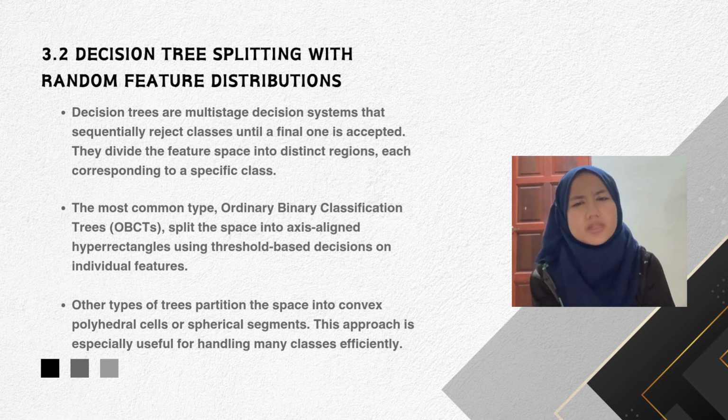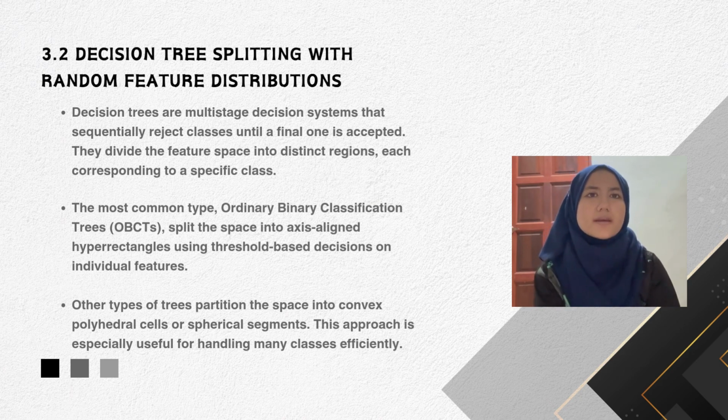The most common type, the ordinary binary classification tree, splits the space into axis-aligned hyperrectangles using threshold-based decisions on individual features. Other types of trees partition the space into convex polyhedral cells or spherical segments. This approach is especially useful for handling many classes efficiently.